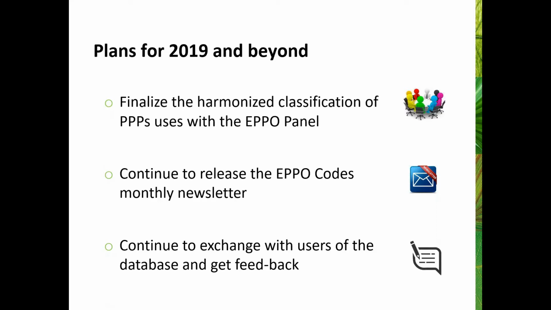Any questions? I can take perhaps one or two questions. One is the possibility of adding a pest function to the online tools. It's under development, and Damien can say that this feature is under development.